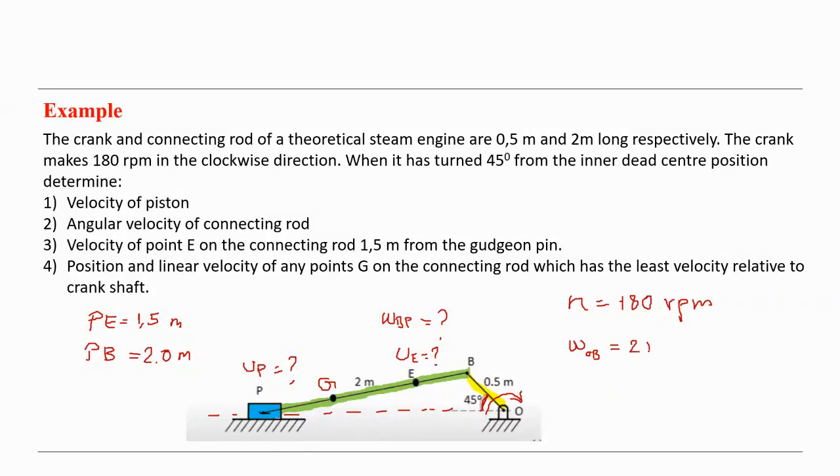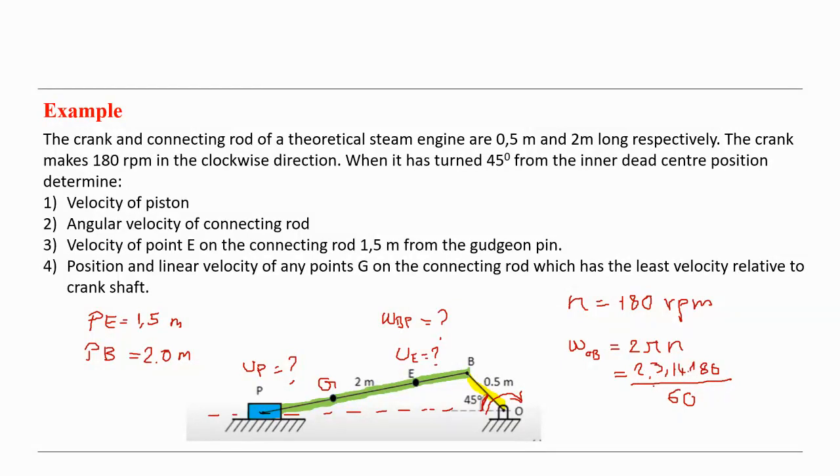is equal to 2 times pi times the rotation, that means the RPM, which is 180, over 60, because we have to convert into seconds.